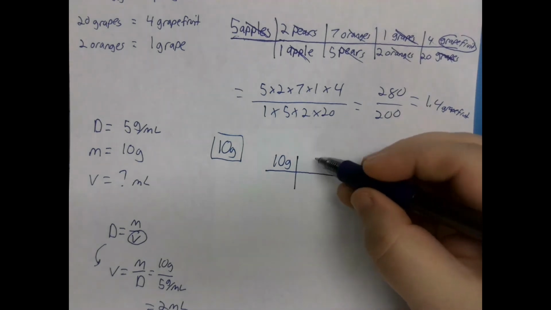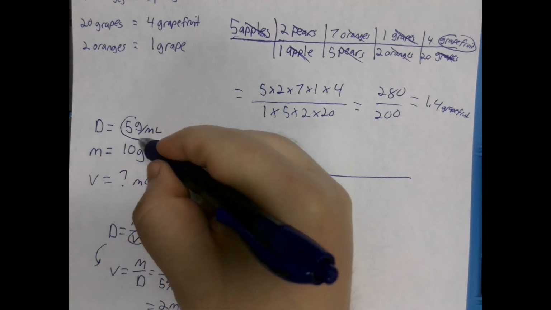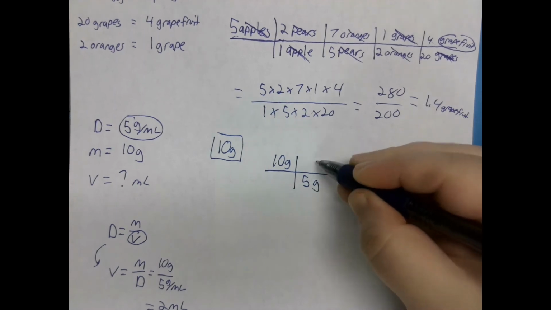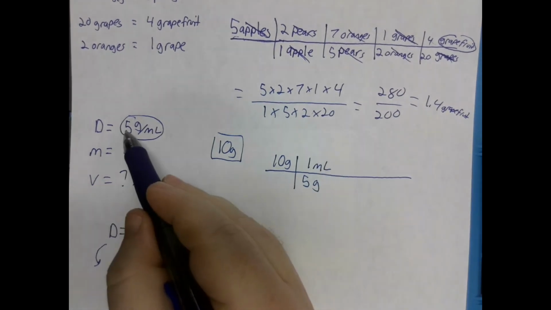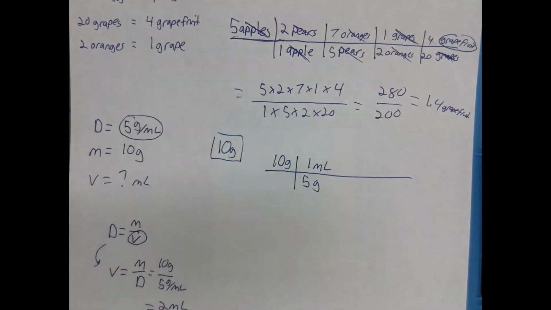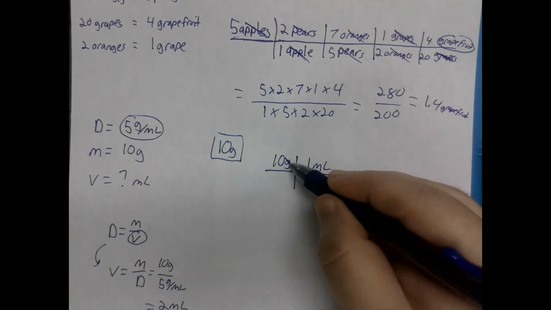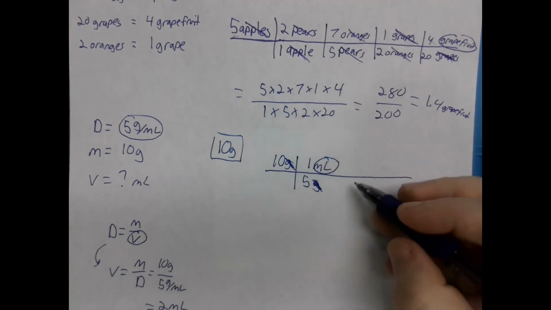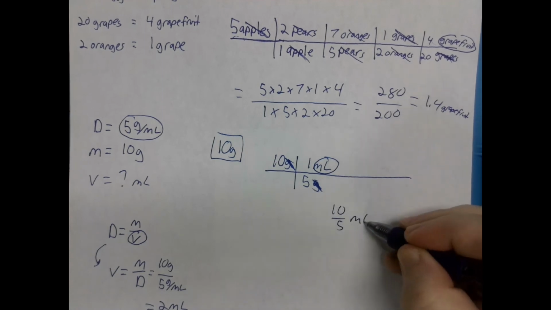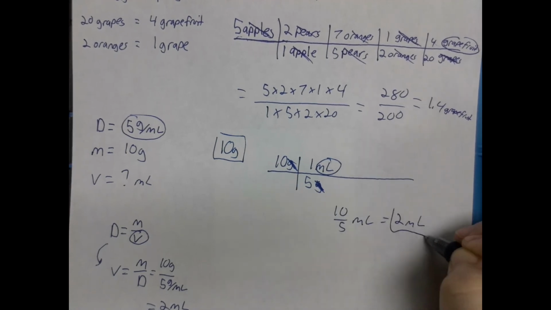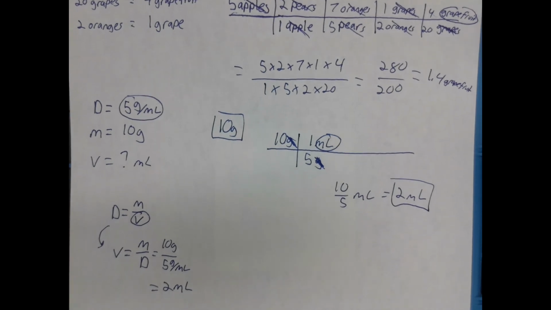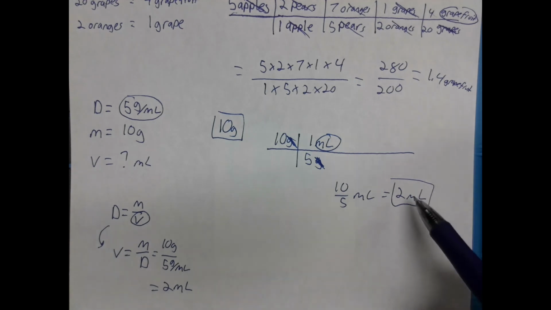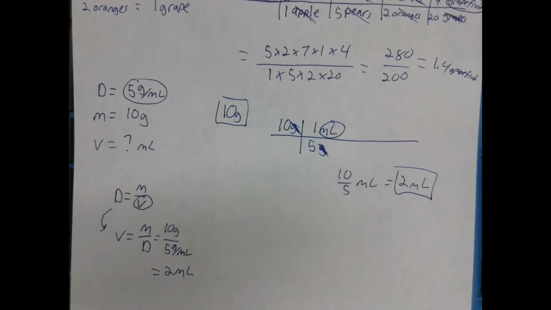So I would put in that my ratio is 5 grams per 1 milliliter. That's what this density says, 5 grams per 1 milliliter. Grams cancel each other out and I'm left with milliliters. So it'd be 10 divided by 5. Milliliters are 2 milliliters. I am converting units to get to my answer without using algebra.